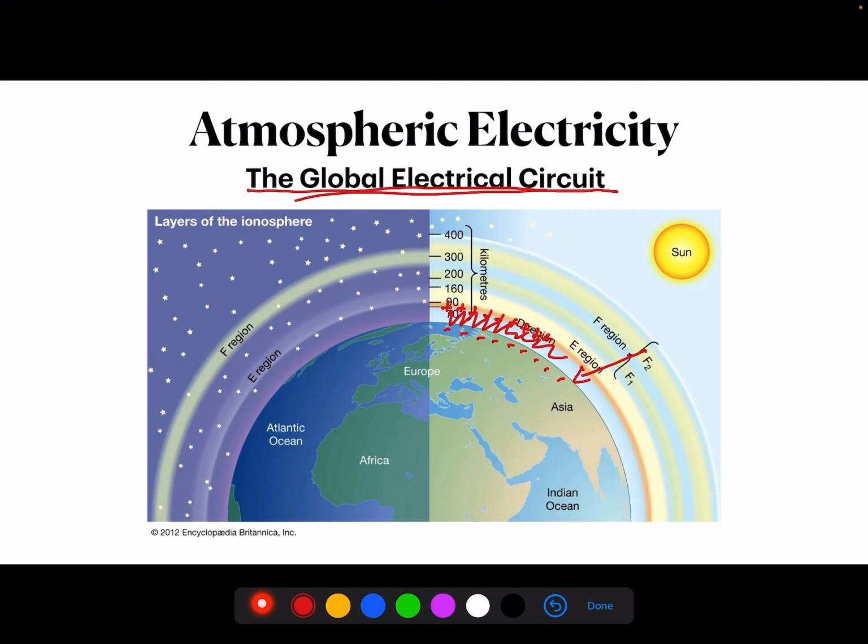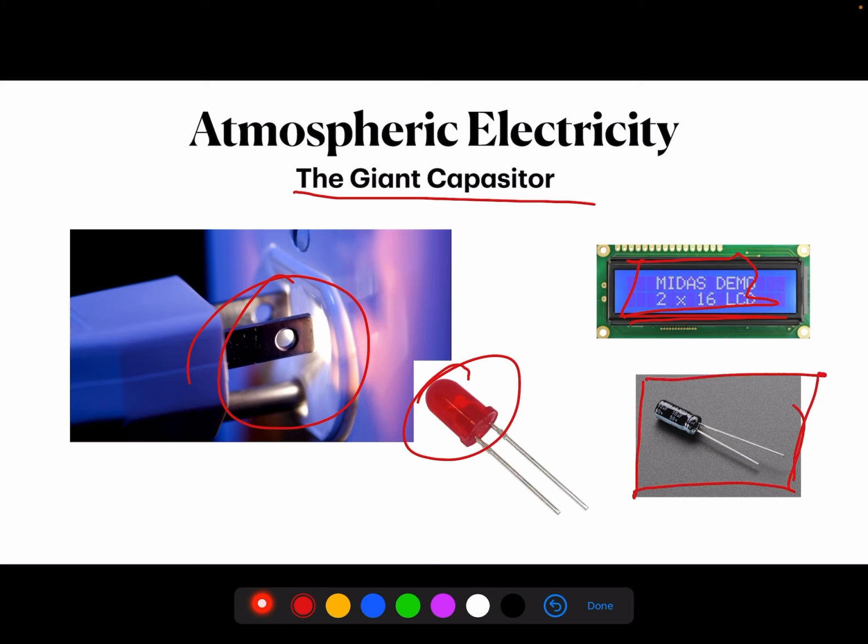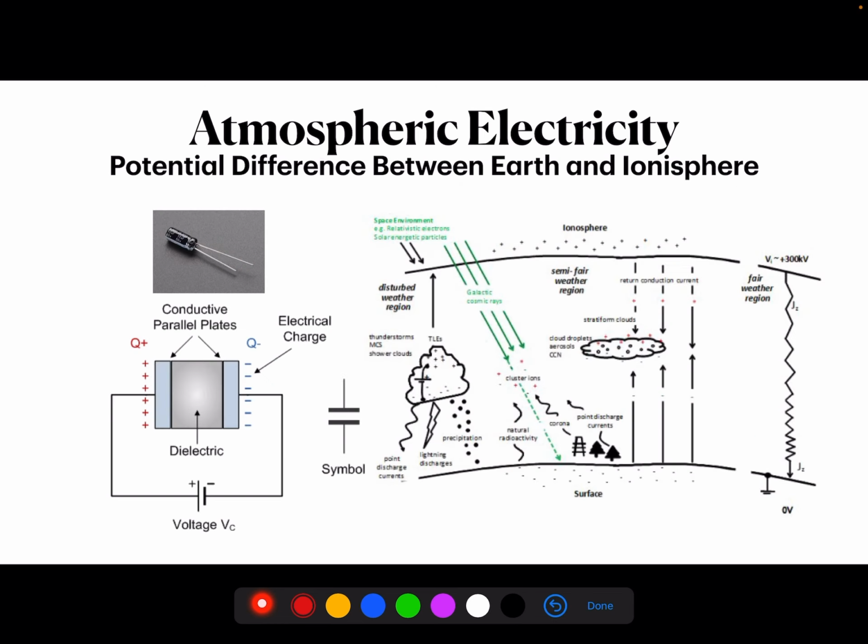So some of you might recognize a symbol like this, and that of course is a capacitor. So the atmosphere is like a giant capacitor, and what a capacitor is, if you've ever unplugged your device and you've seen your LCD screen still lit up, or maybe you have one red LED on it and the LED is still lit up even though you unplug the device, well, it's because you have this component somewhere in the circuits of that device, a capacitor, and a capacitor is effectively just a battery of sorts.